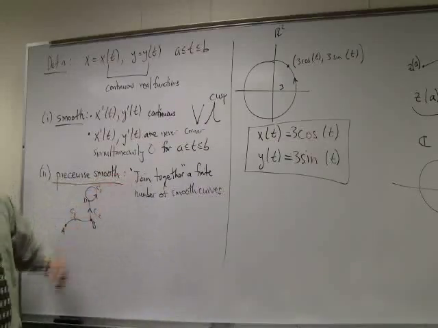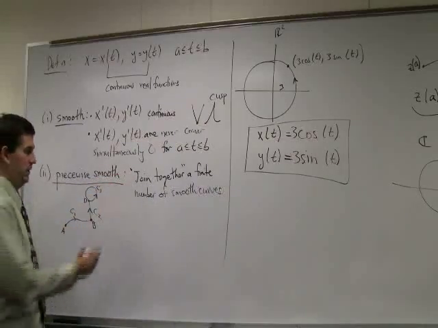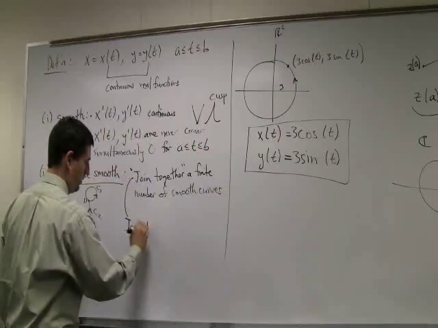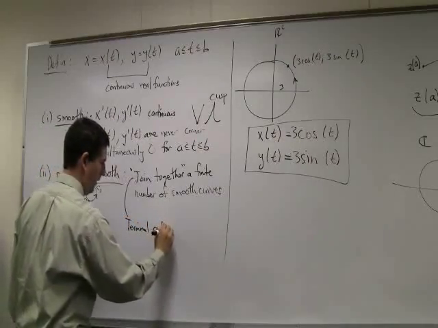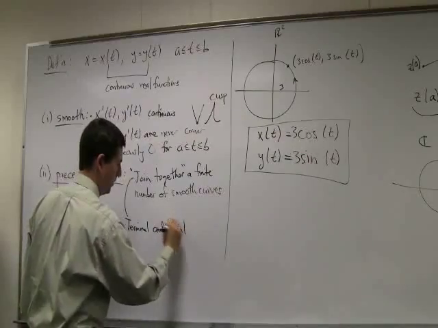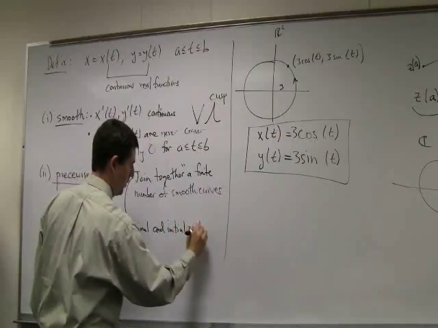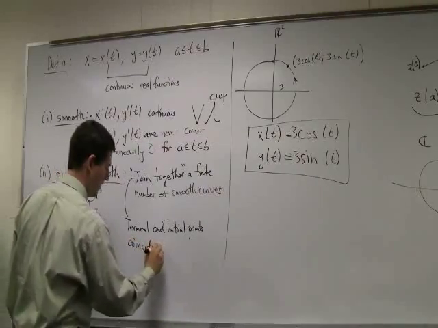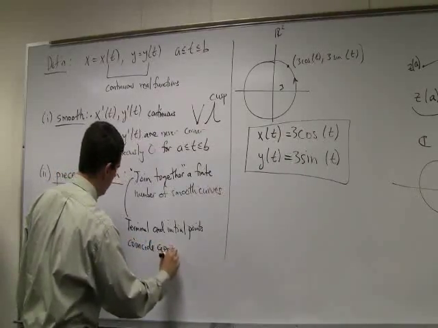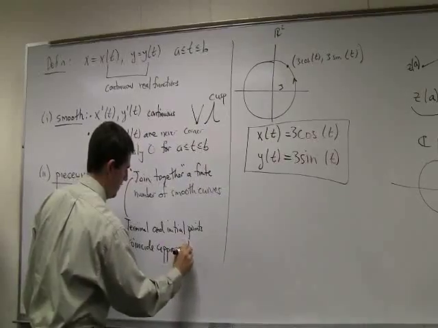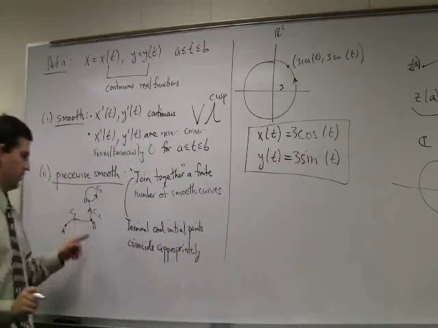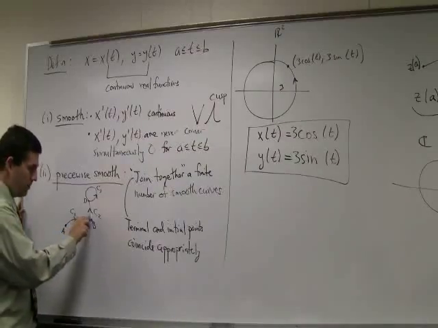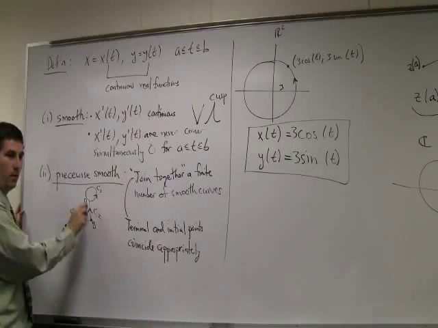So that's what the join together means: terminal and initial points coincide appropriately. But are they smooth at the terminal and initial points as well? They don't have to be. If they were smooth everywhere, then you could just make it one big smooth curve. But you see right here, this is probably not smooth; you're going around this corner.